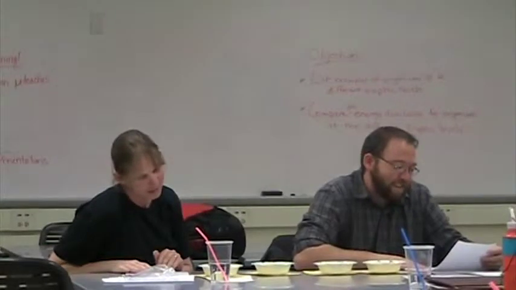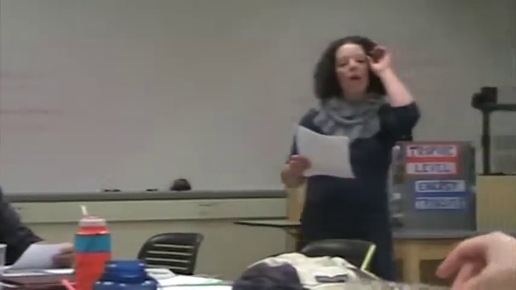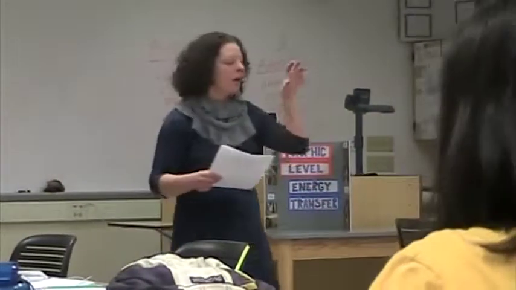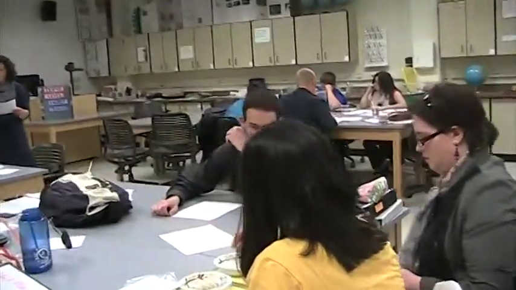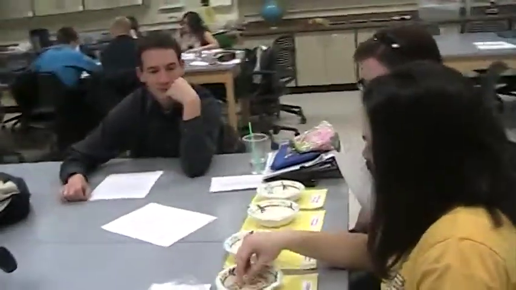In this activity, you'll observe the amount of energy transferred from one trophic level to the next. Keep in mind that only 10% of the energy in the system makes it to the next trophic level. So the energy entering the system is the amount of Cheerios entering the bowl. Go ahead and follow those steps quickly and count those out, and let me know if you have any questions.